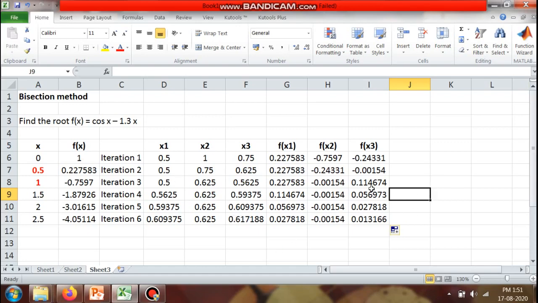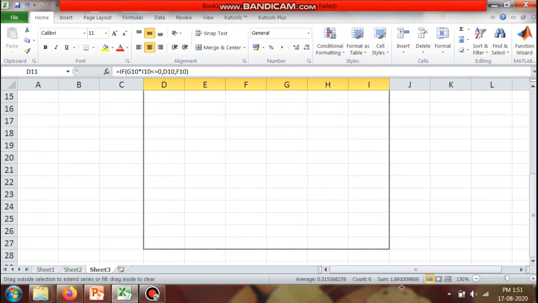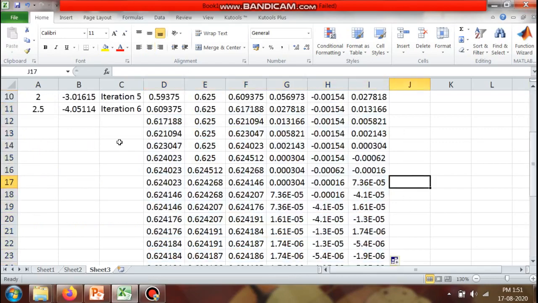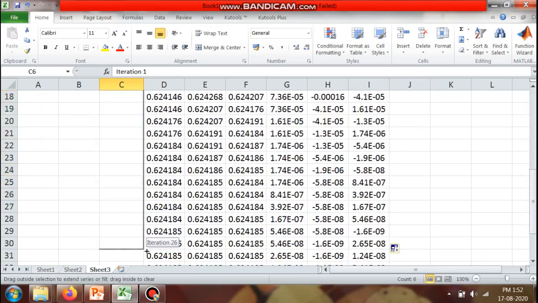So now if you compare the values of f of x1, x2 and x3 for all iterations, you will find that the value of x1 was the same till the third iteration and then it has been replaced, but then the value of x2 for the third iteration is the same. Now if you want to drag it for the next iterations, since we are doing it using Excel, you can find out more iterations, and then again we will check the accuracy criteria also.